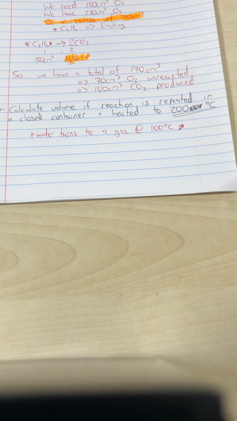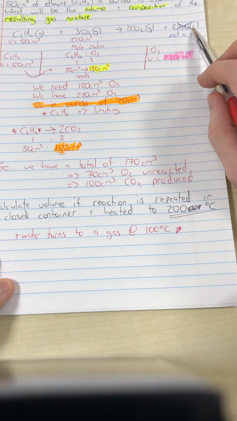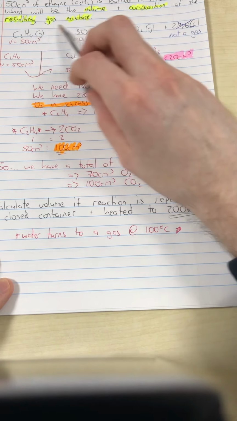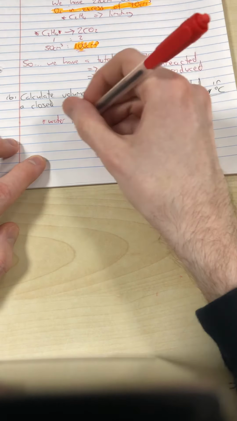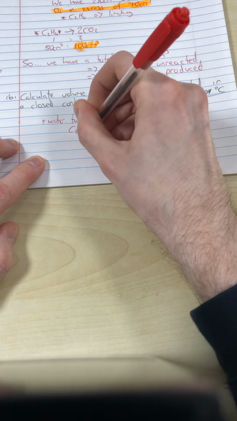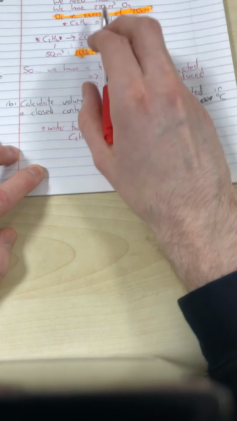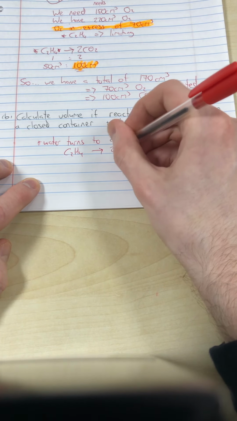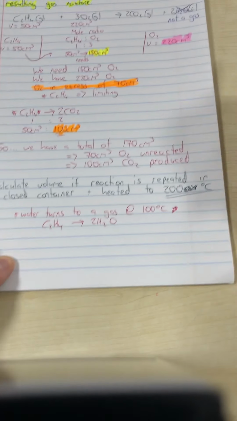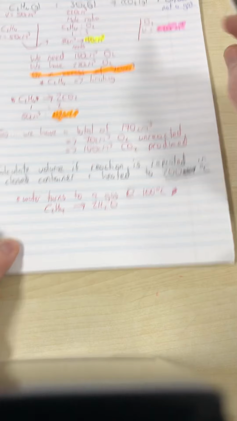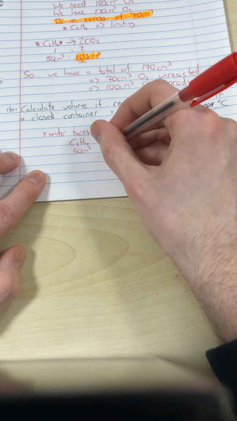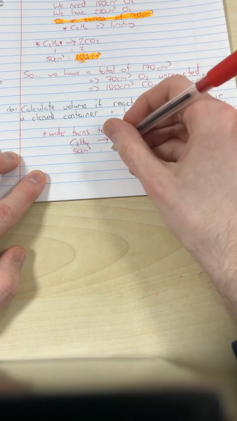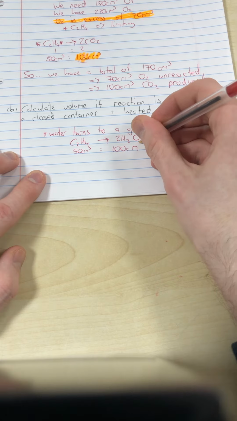So the total volume is going to be different because that's now a gas, so we need to include that in the resulting gas mixture. Good thing is we've already done the hard work. We've already worked out that ethane is the limiting reactant. So it's ethane going to 2 moles of water. We have 50 centimetre cubed of ethane, and because it's a 1 to 2 ratio, we're going to get 100 centimetre cubed of water.